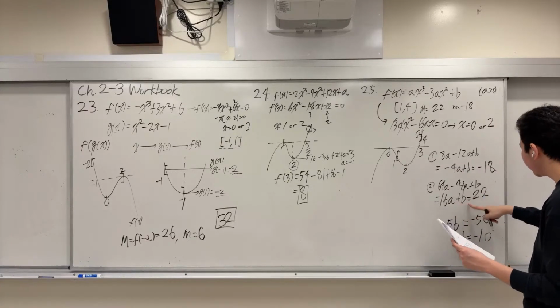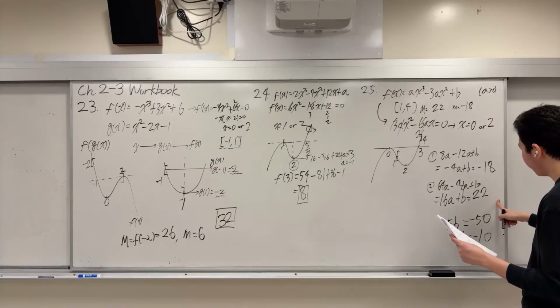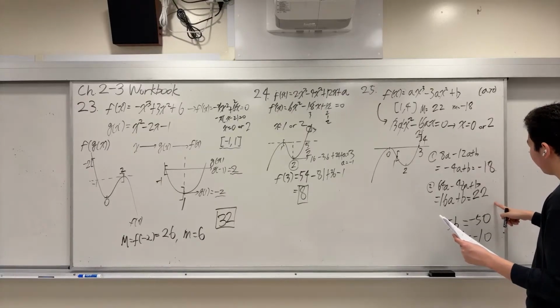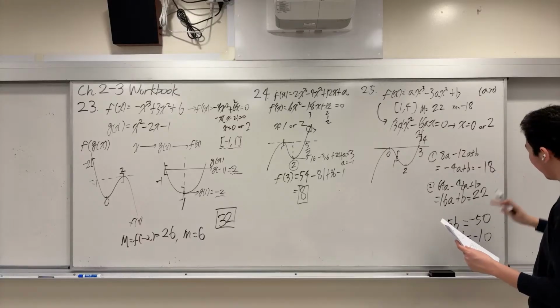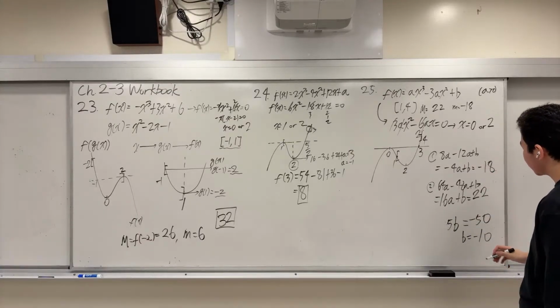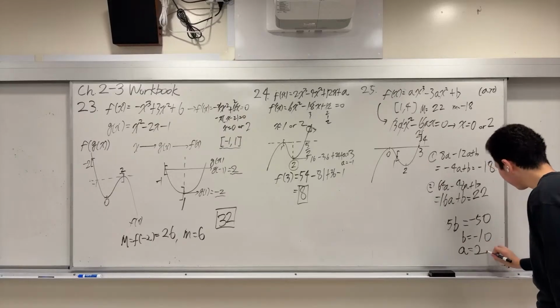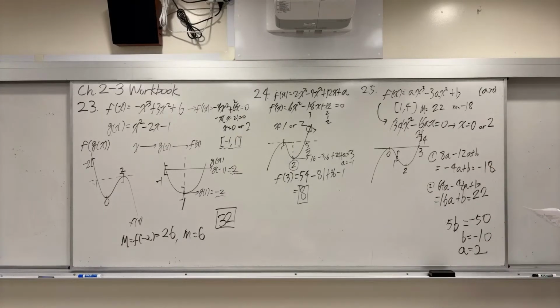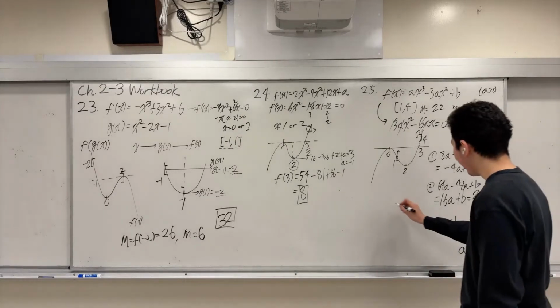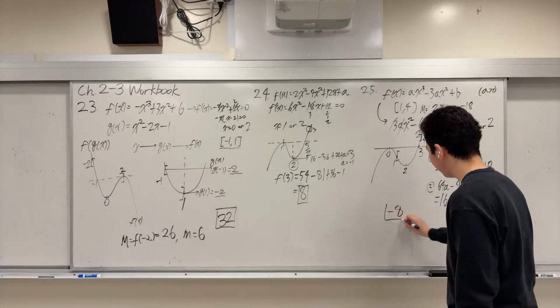So b equals negative 10, 16a equals 32. So, yeah, okay. So 32 equals 16a, so a must equal 2. And there we go, and we're trying to find a plus b. So a plus b is negative 8.